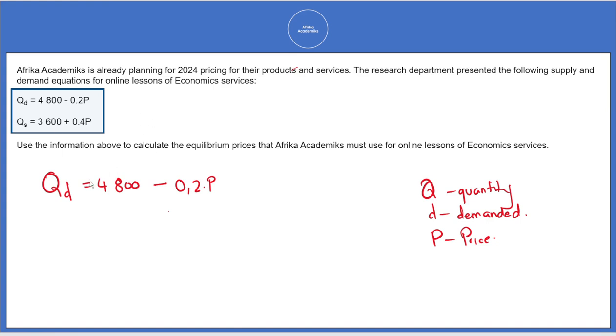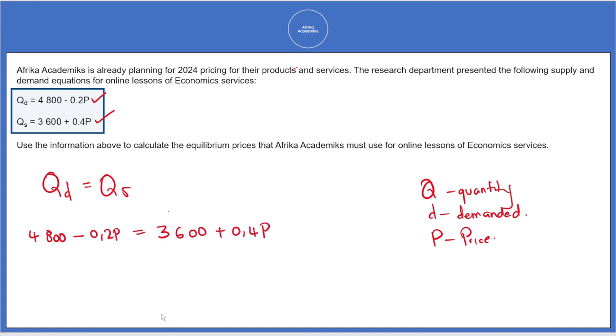So to find the equilibrium, you will simply equate your quantity demanded with your quantity supplied. All right, so you'll take this, you'll say equal this. So you'll say 4,800 minus 0.2 P is equal to 3,600 plus 0.4 P. So here you're going to need a little bit of mathematics background to be able to understand this. This is an equation and it has to balance.